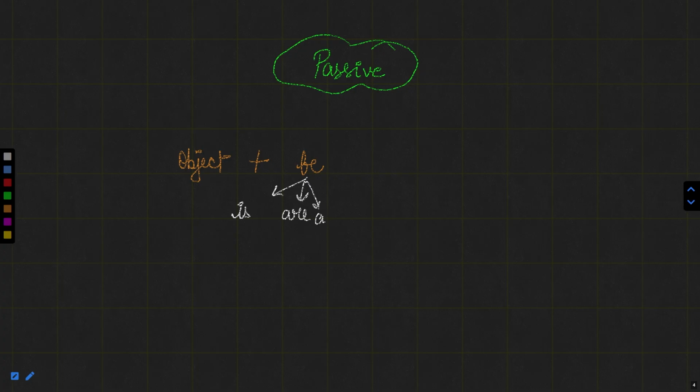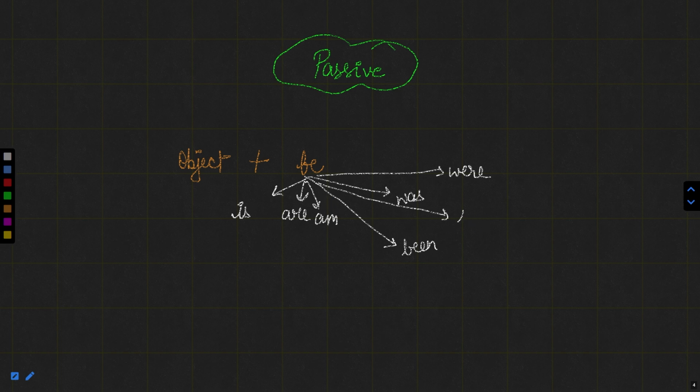These are the present forms of be, whereas the past forms are was and were. Or there can be other forms of be, like been or being. So this is actually the third form of be.